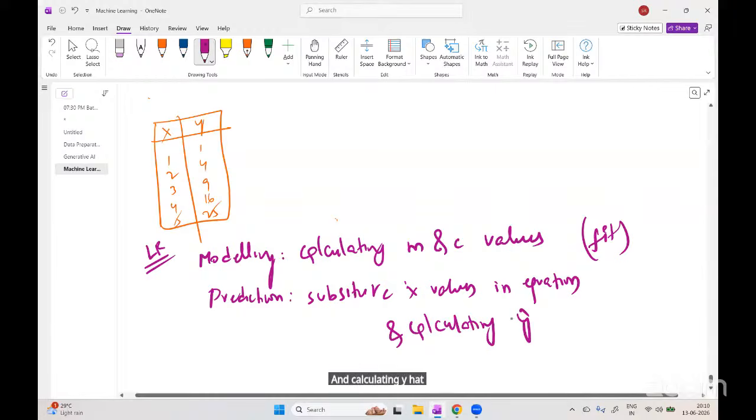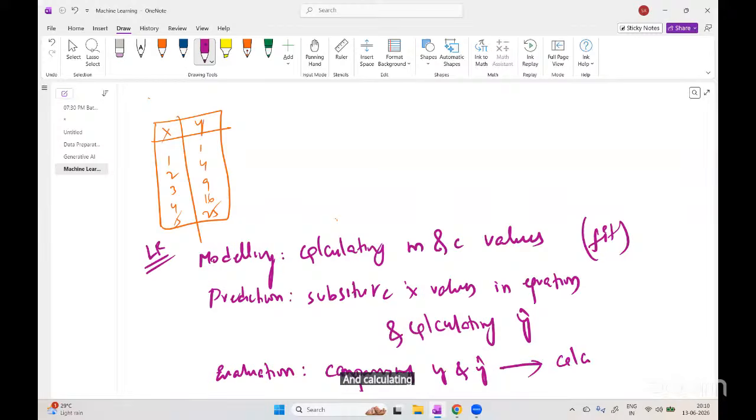Evaluation means comparing Y hat with Y and calculating the MSE value. When MSE is calculated, RMSE is automatically calculated too.